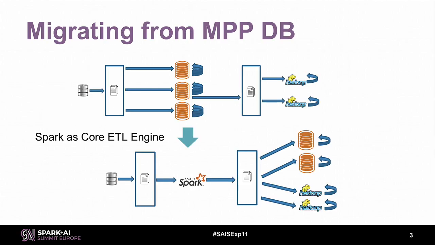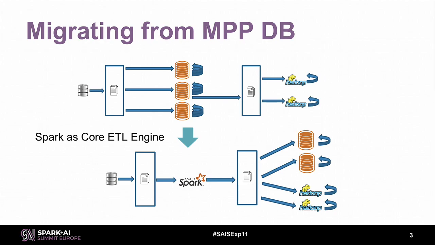We are migrating our data warehouse from the MPP database into Spark. In the past, our data pipeline consisted of 3 stages. In stage 1, the online data were extracted from the OLTP system like Oracle. In stage 2, the data were loaded and transformed in the MPP data warehouse.